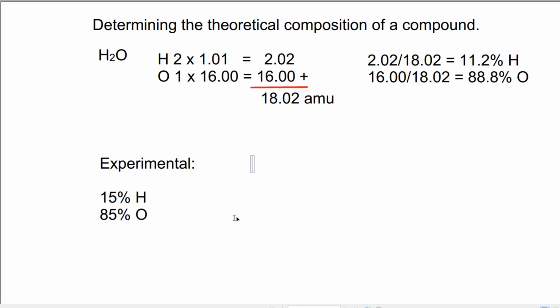To calculate percent error, it's going to be percent error is equal to the absolute value of the error, divided by the theoretical value.